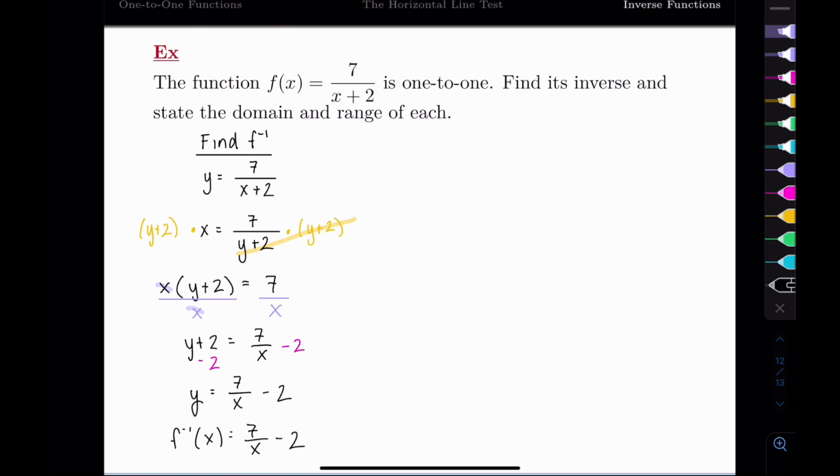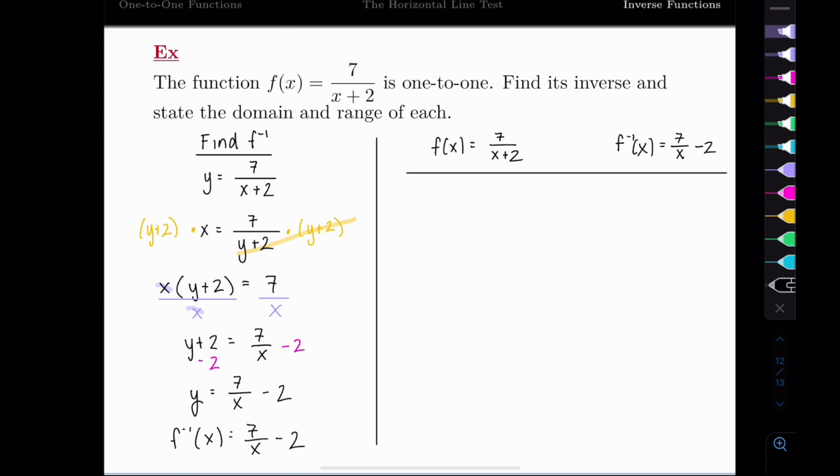Now what we can do is we can actually use both of these to our advantage. So here is our function, 7 over x plus 2. And here is the inverse, 7 divided by x minus 2. I know finding ranges is pretty difficult, but what we can do is instead find the domain of each of these, because we're definitely much better at finding domains than ranges.